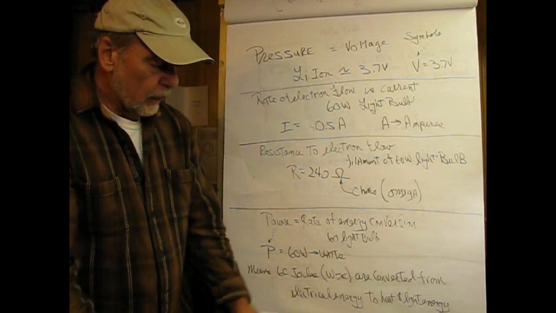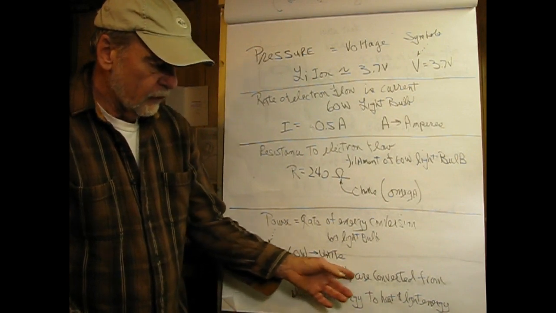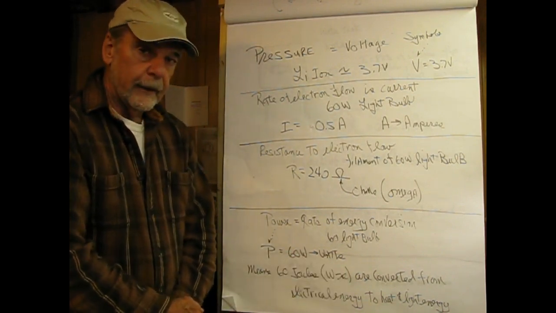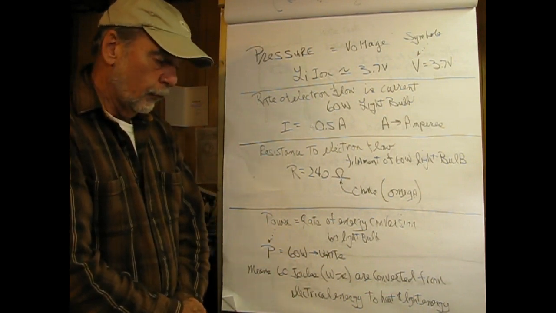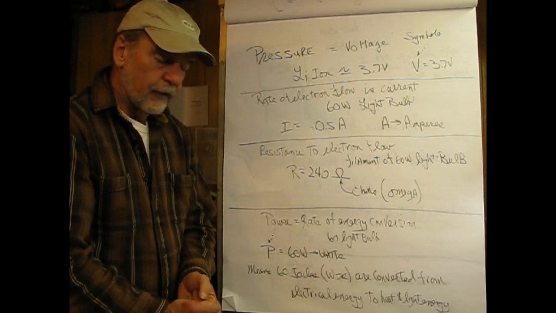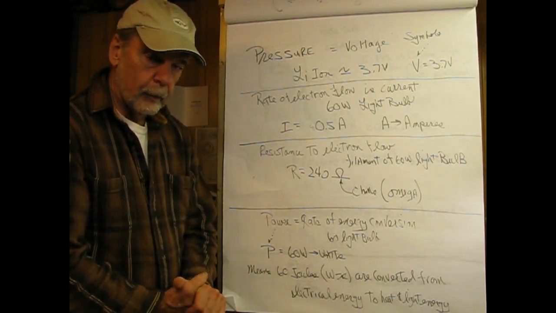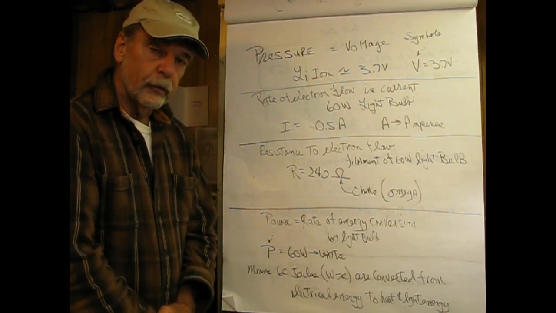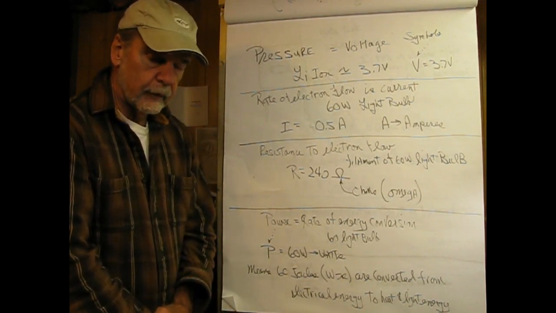And in a 60-watt light, we say that 60 watt-seconds are converted from electrical energy into heat and light. And unfortunately, in the case of an incandescent light, about 5% of that is light, and the remaining 95% is heat. Hence the migration to CFLs and light-emitting diodes.